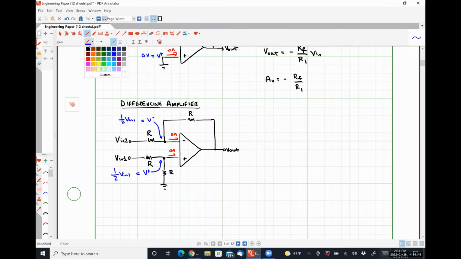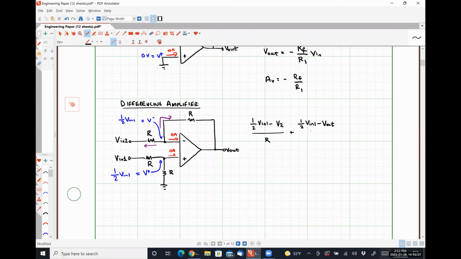So if we apply KCL at that inverting input node, we're just adding this current and this current together, we get 1/2 VN1 minus V2 divided by resistance R plus 1/2 VN1 minus V out divided by resistance R is equal to 0.